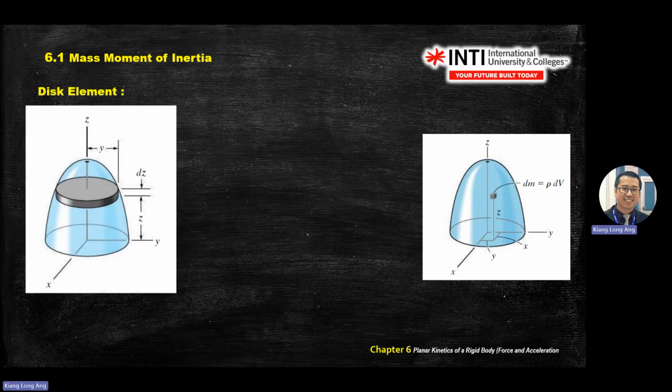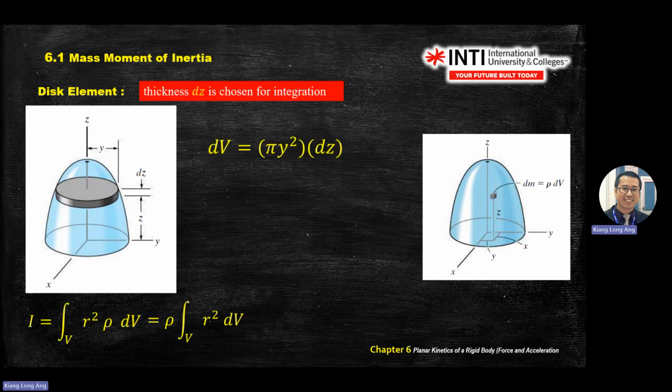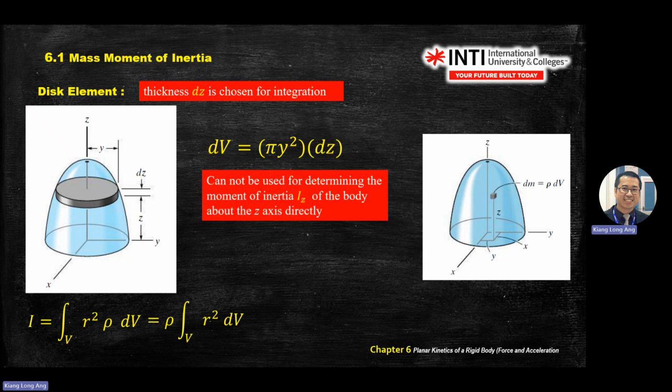This element, you straight away fix your y already, fix your radius already. Again, this one you need to be careful when you can use, when you cannot use. Because in the rigid body, you don't have a cylinder shape.